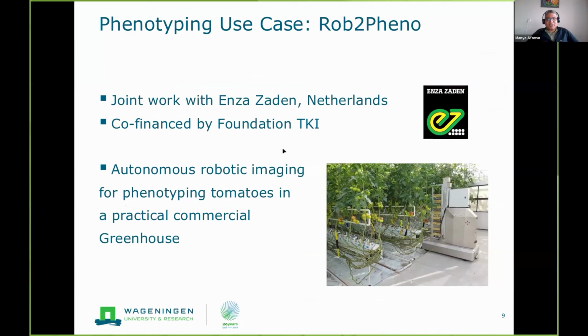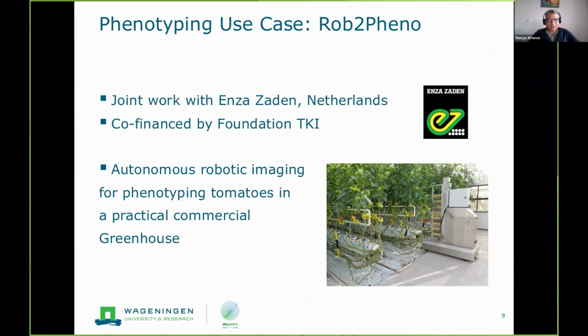And this was the reason our project called Rob2Pheno, or Robust Robotic Phenotyping, explored AI and deep learning for phenotyping in a practical tomato greenhouse.